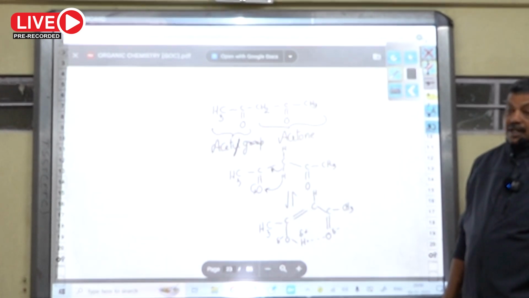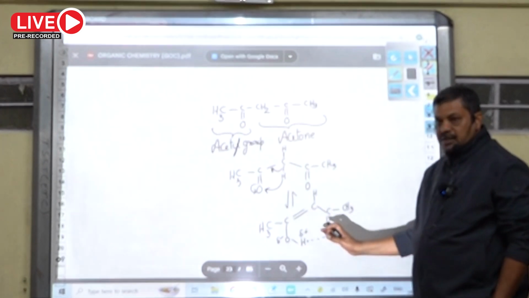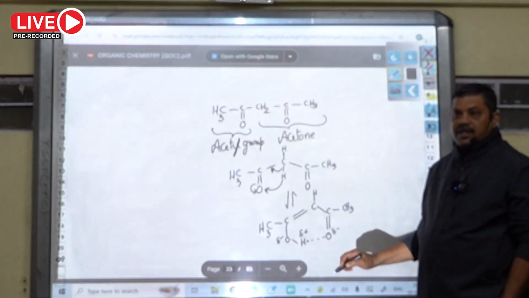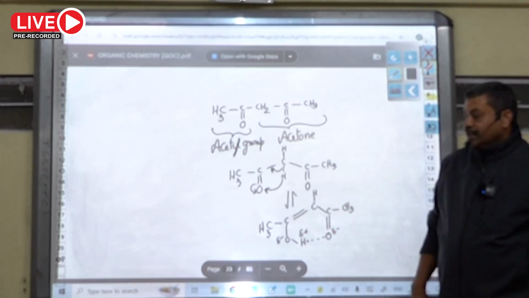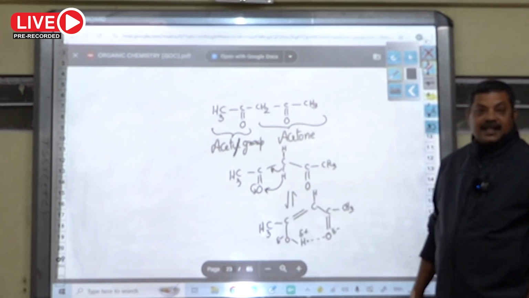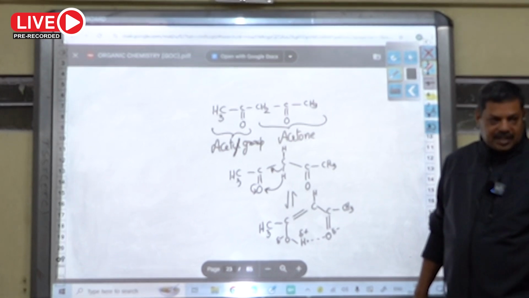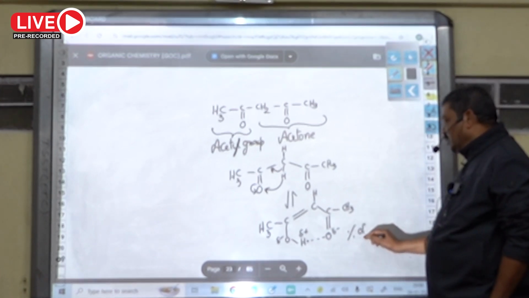Whenever hydrogen bonding is formed between two groups of the same molecule, we call it intramolecular hydrogen bonding. Because of this intramolecular hydrogen bonding, a ring is formed. Chelation means ring formation that increases the stability. That's why here the percentage of enol is more.